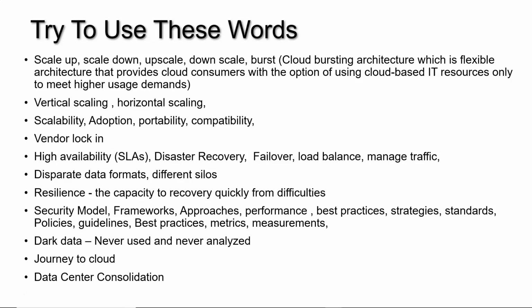The next one is vertical scaling and horizontal scaling, which you usually need to use during the interviews. Vertical scaling is within the machine, where you're upscaling the resources, like adding more memory, more computing power, and more storage. Horizontal scaling is adding more computers.